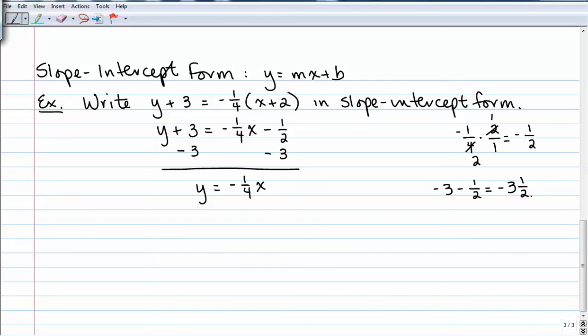But when I'm doing slope-intercept form, I really like to have it as an improper fraction. So I'll do 2 times 3, which is 6, plus the 1 on top is 7. So that's going to be the same as negative 7 over 2. So minus 7 over 2. So my final answer is y equals negative 1/4 x minus 7 over 2.